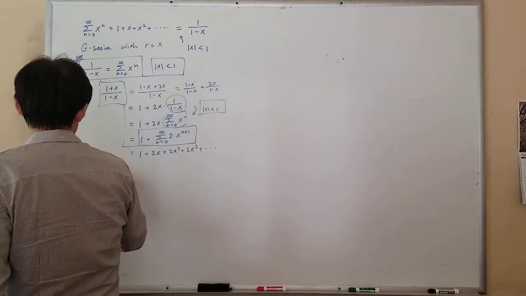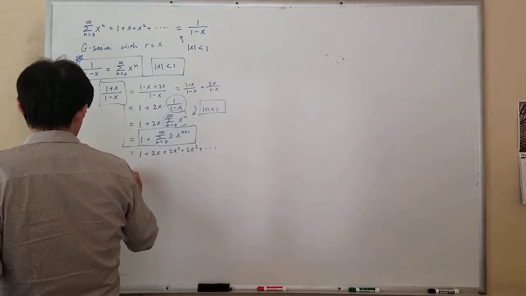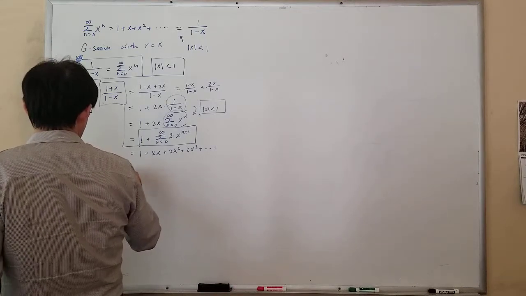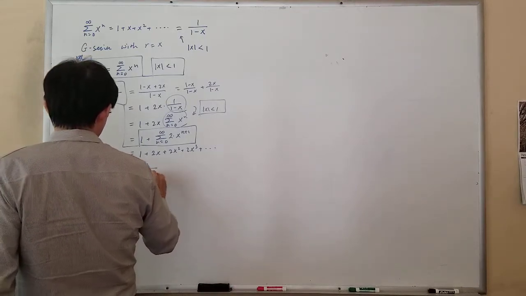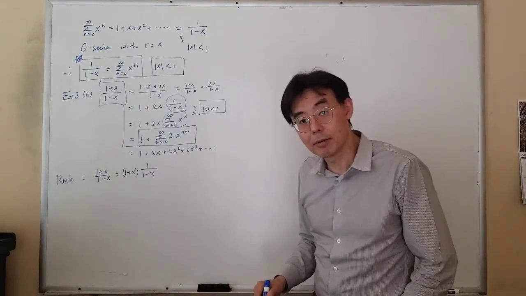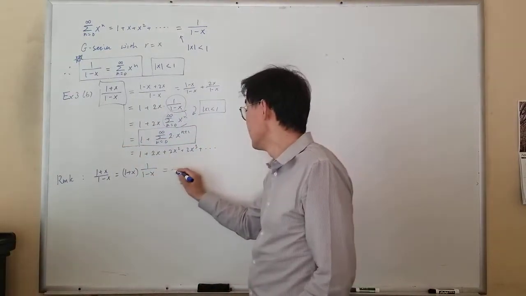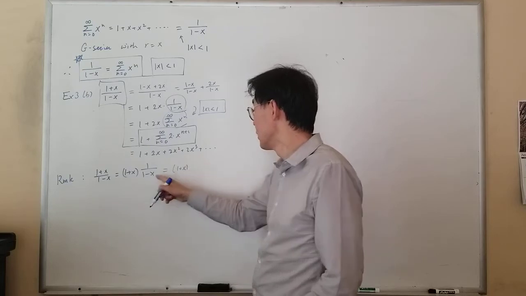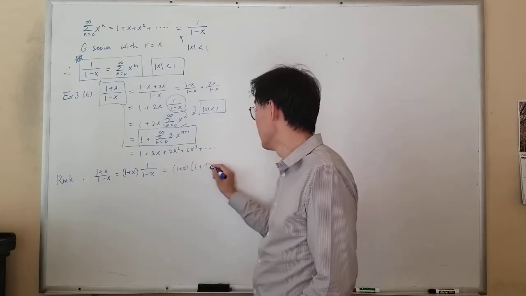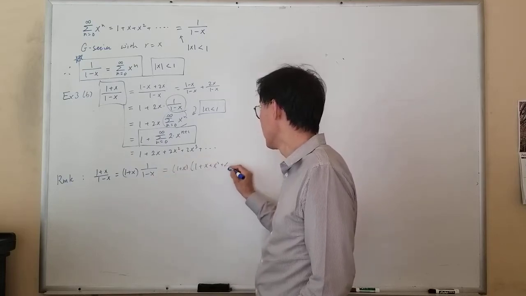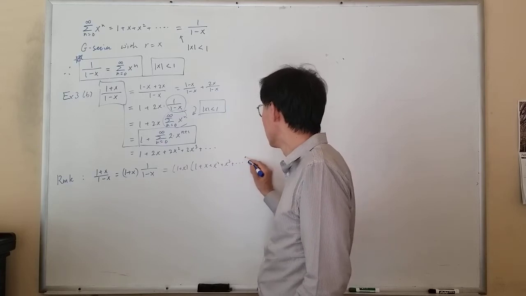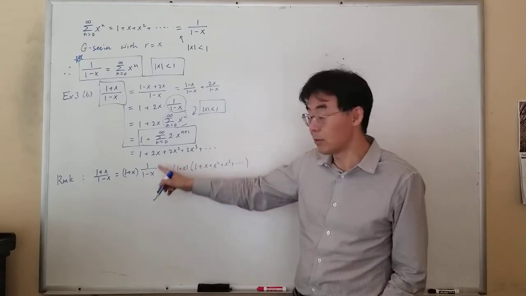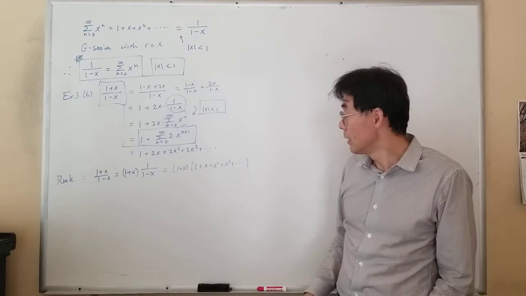Let's write this one as 1 plus x times 1 over 1 minus x, okay? Then 1 plus x, what is it? 1, x, x squared, x cubed, keep going. Power series representation of 1 plus x.